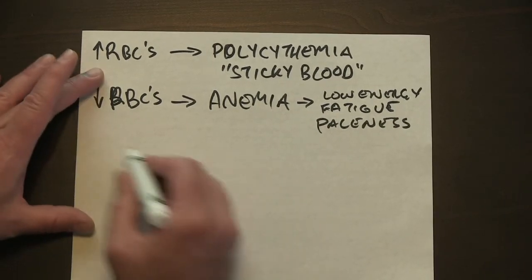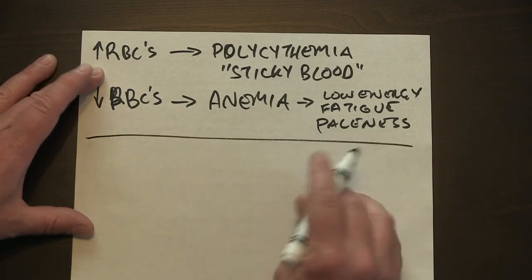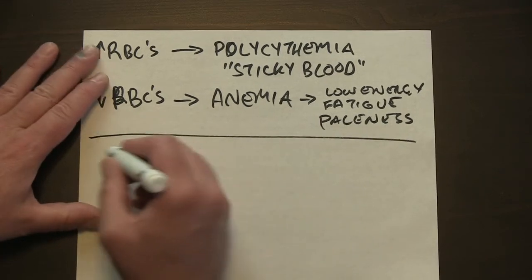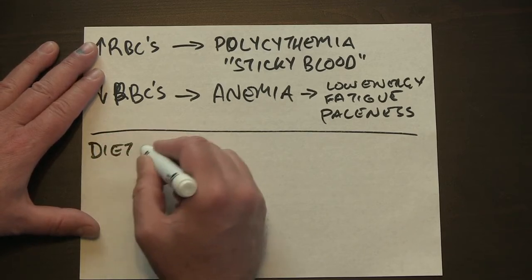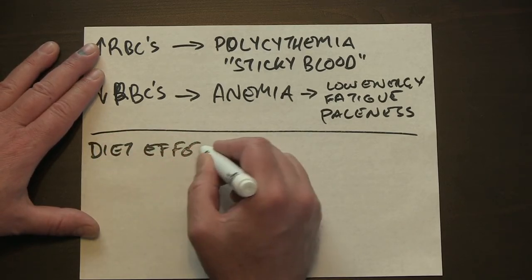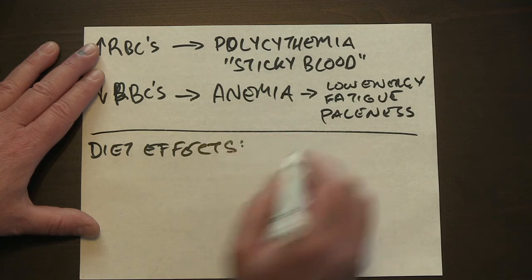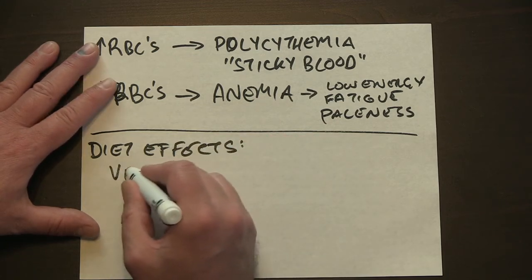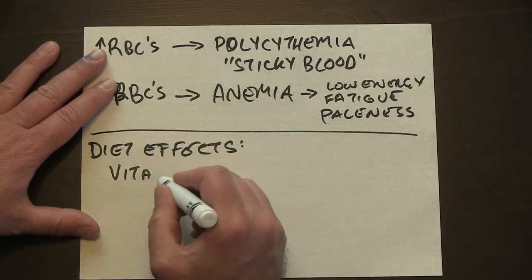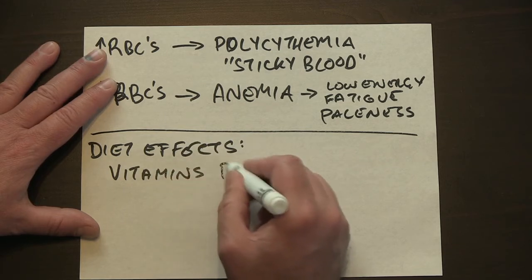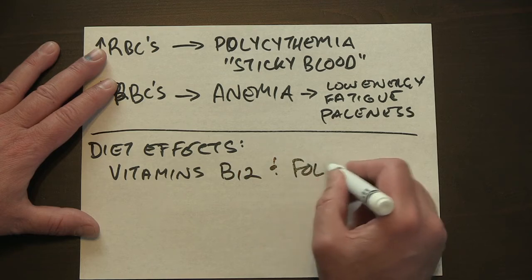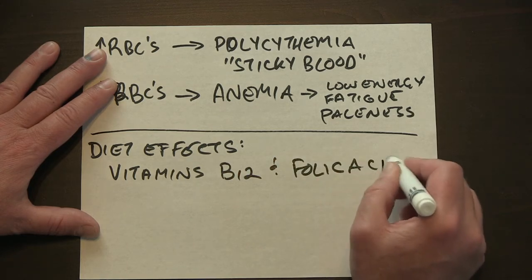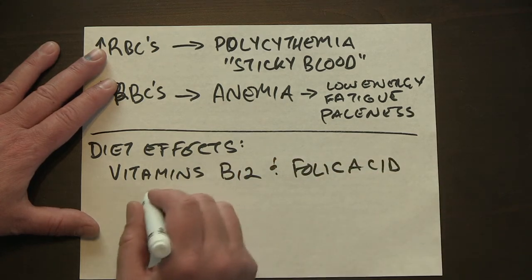There are some things that you need in your diet that affects the production of red blood cells. Diet effects. You need vitamin B12 and folic acid. Your body doesn't produce it, so you need to get it.